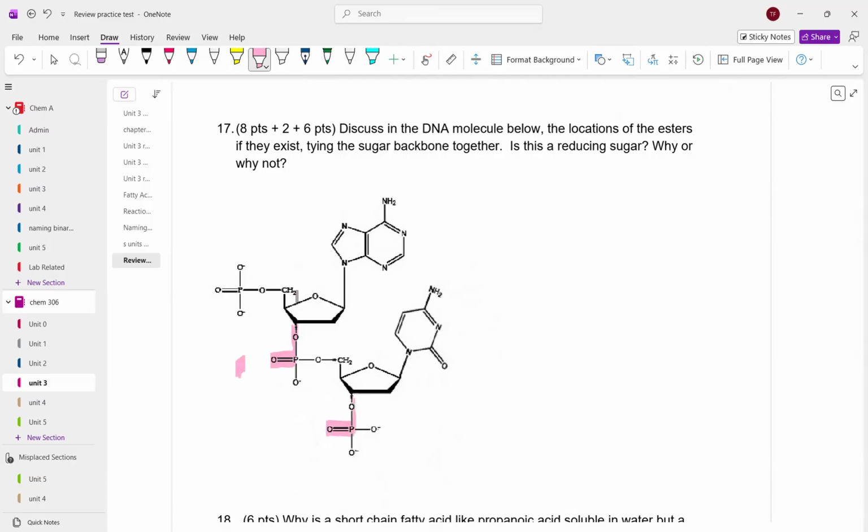That's an ester. That's an ester. So those are the esters. What is there? 4 of them.